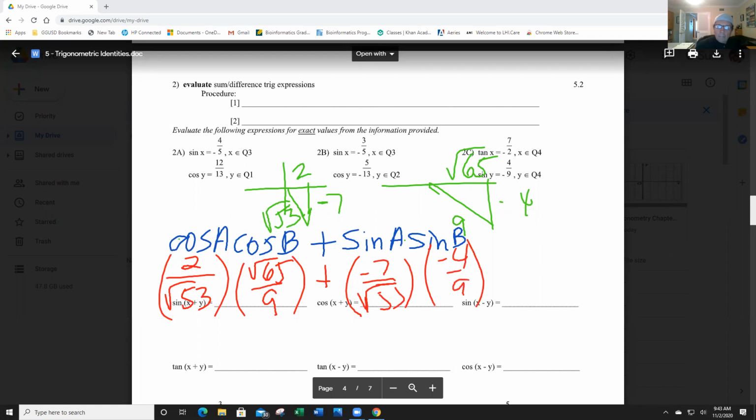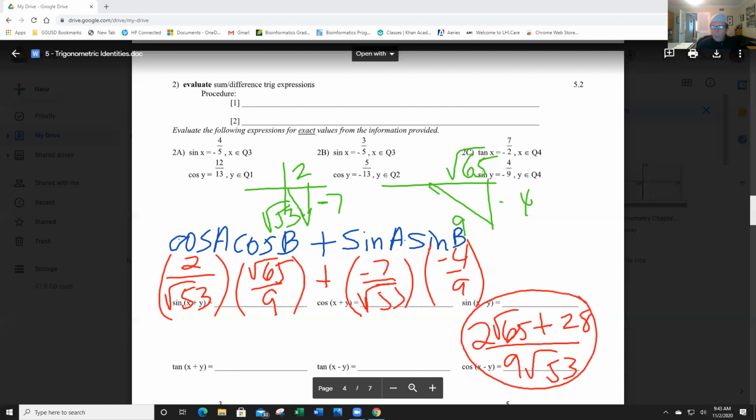And again, the common denominator is really obvious: 9 radical 53. We're not going to rationalize the denominator. And in the top, you're going to end up with 2 radical 65, and it's going to be plus 28 because the 2 negatives make a positive.